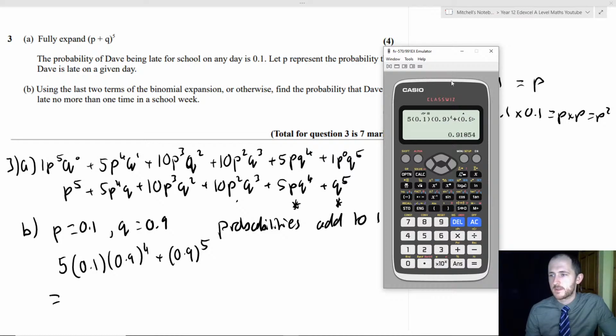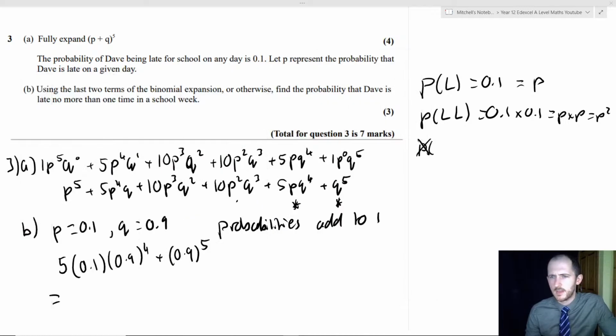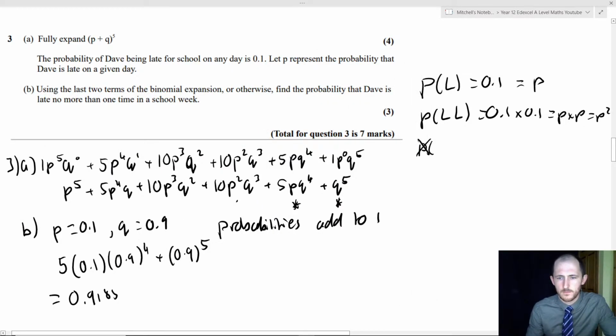So again, actually 0.91854. Cool. So that's 7 marks.